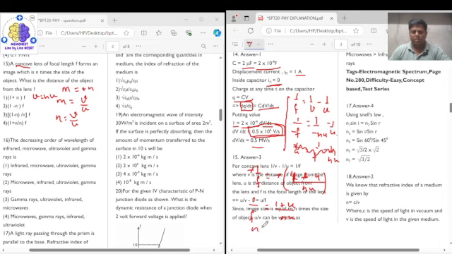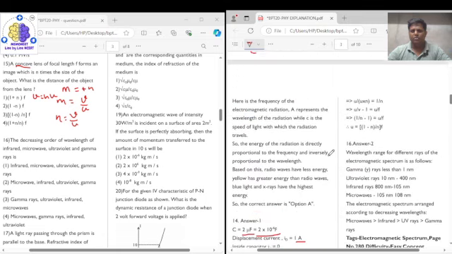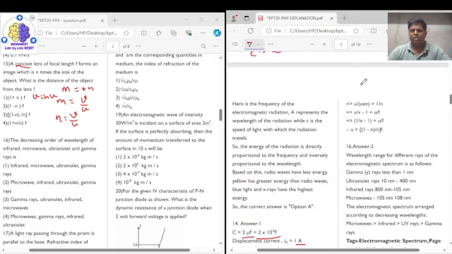So nu is equal to f plus fu, right? So your nu minus fu is equal to f.